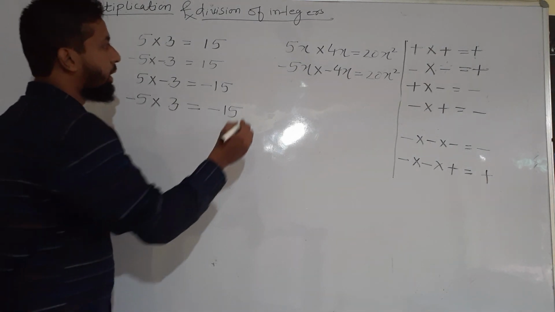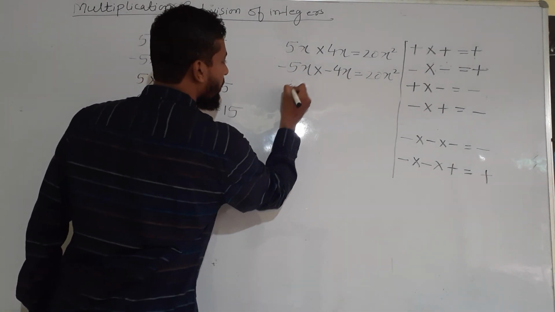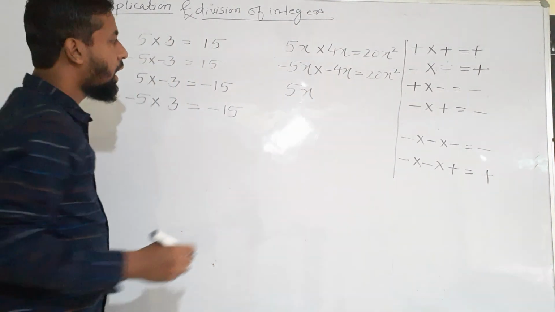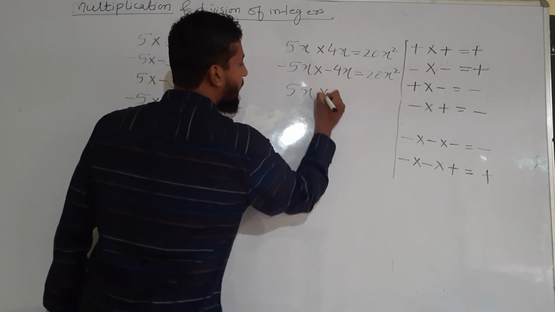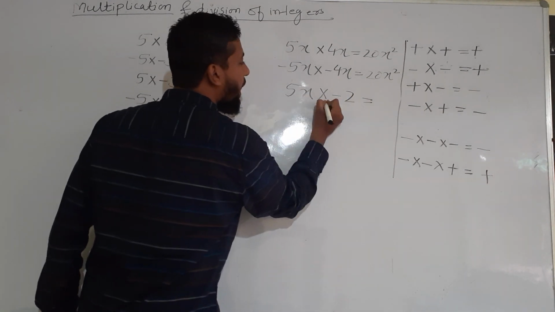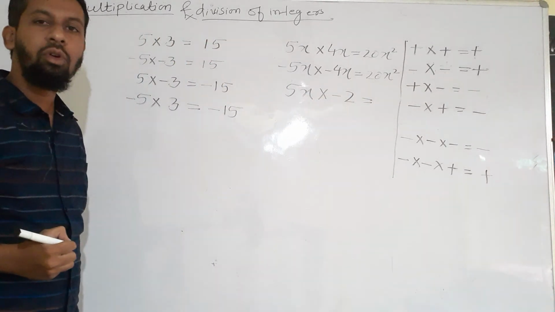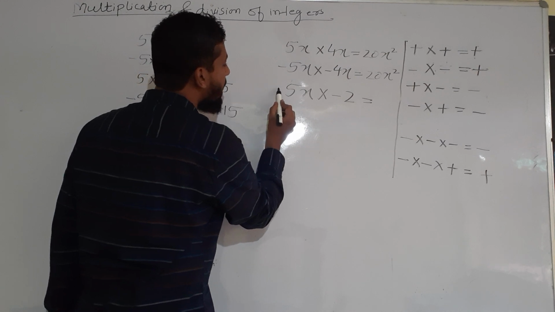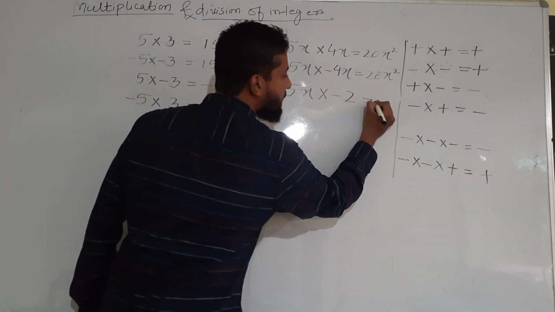Sometimes what will happen is, you will get a number with a variable and another number without a variable. 5x into minus 2. Now see, as I said, first multiply the signs. Plus into minus is minus.